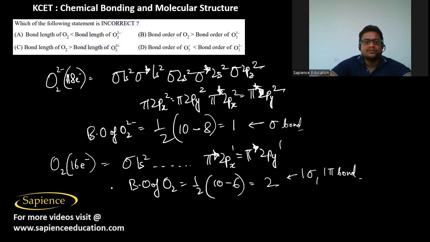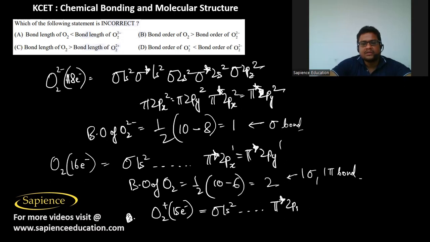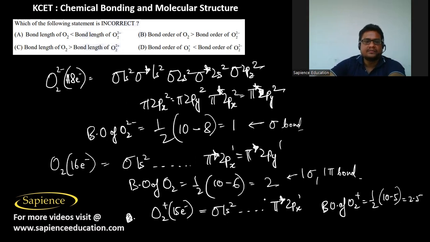Now O2 plus has got 15 electrons, so we go from sigma 1s2 to pi star 2px1. The bond order of O2 plus will be half of 10 minus 5, so it will give you 2.5.